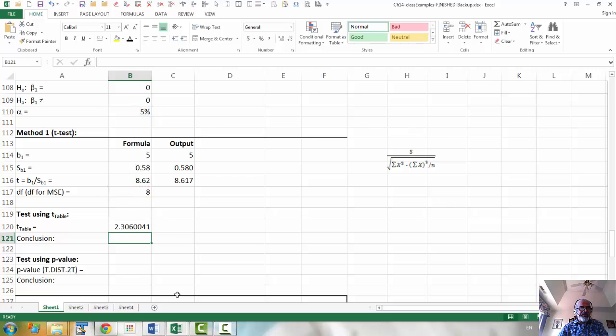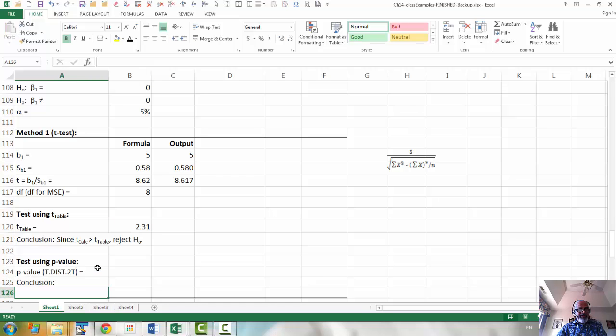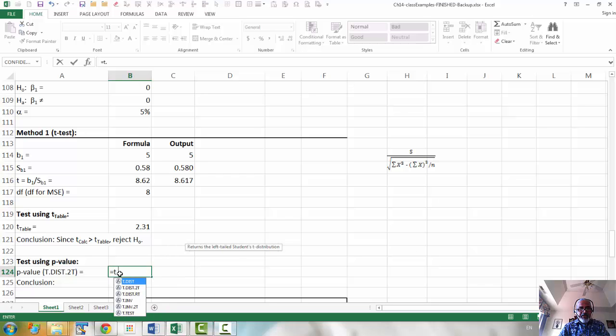That will give us the t table value, and since the t calc value, which is right here, is greater than the t table value, we reject the null hypothesis. That's our conclusion.